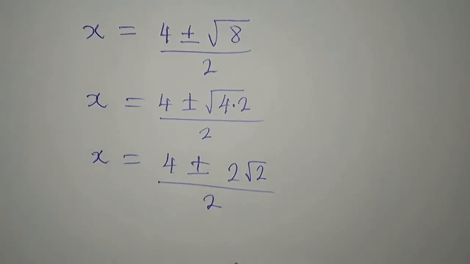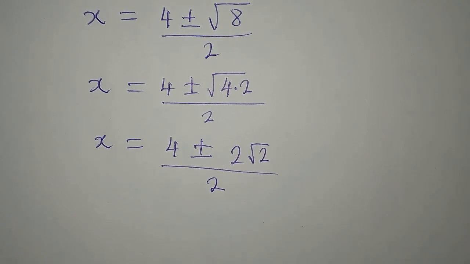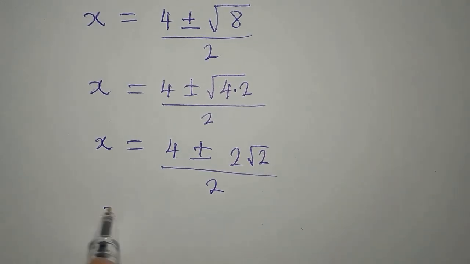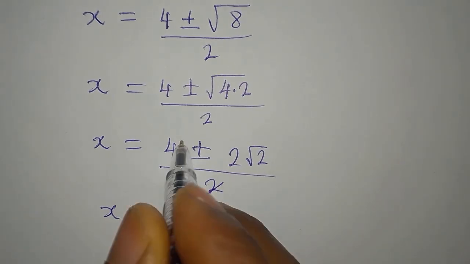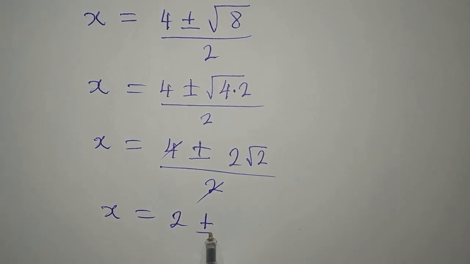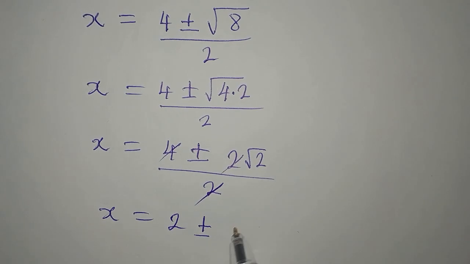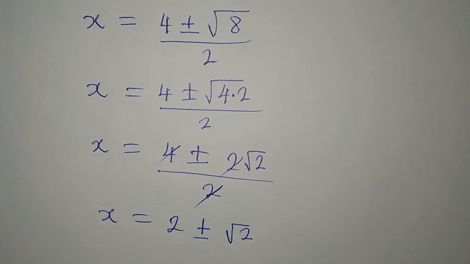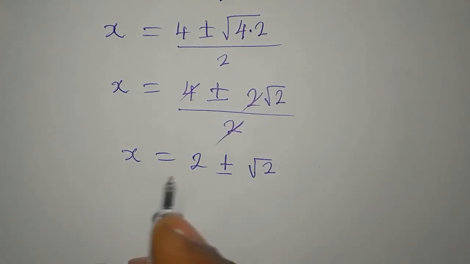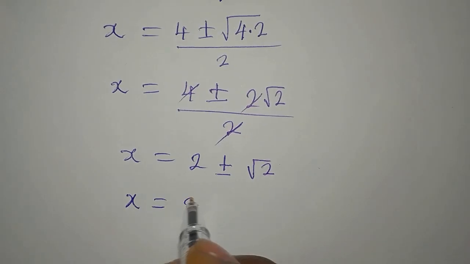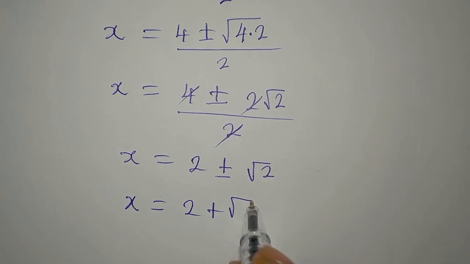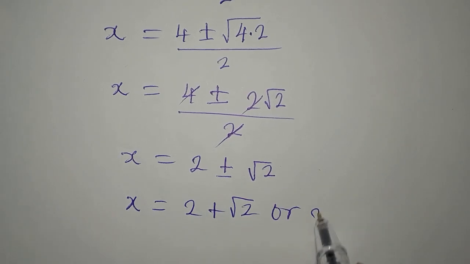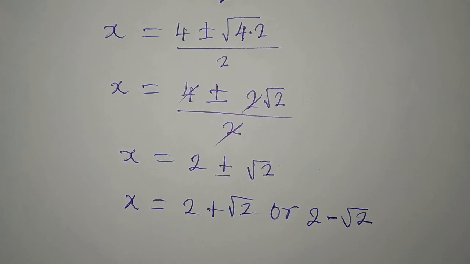At this point, we divide, so that x will be equal to 2 plus or minus root 2. Okay, so this means that our x is equal to 2 plus root 2, or 2 minus root 2. So we have the two values of x.